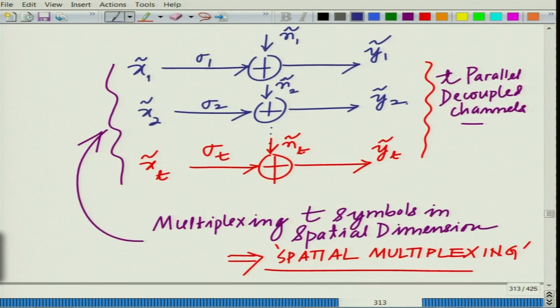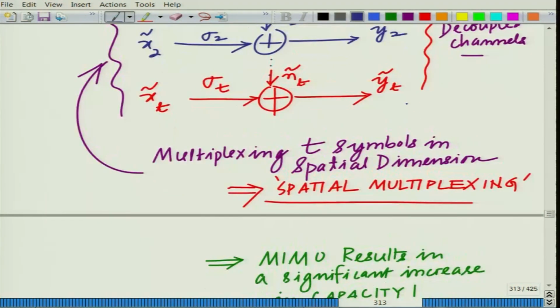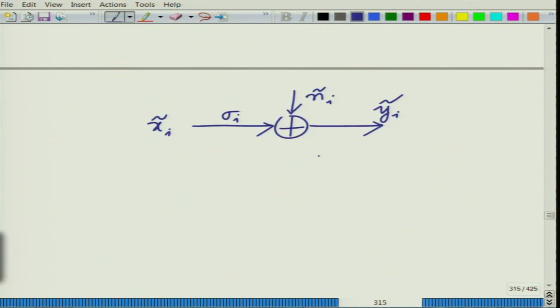That is essentially what we had seen here, right. Yi tilde is the output, and this is there for I equal to 1 to up to t, okay.